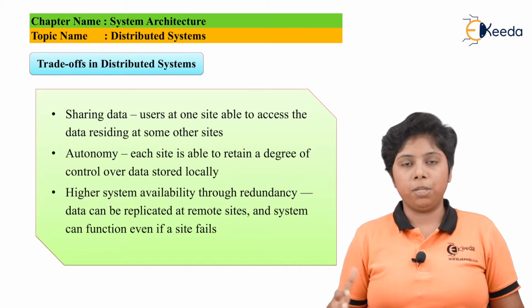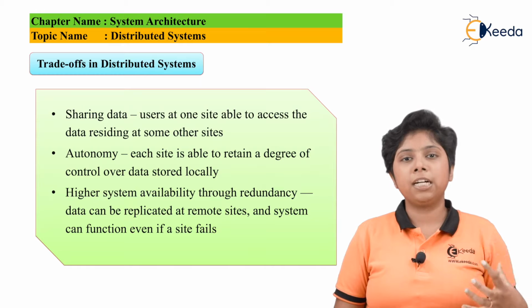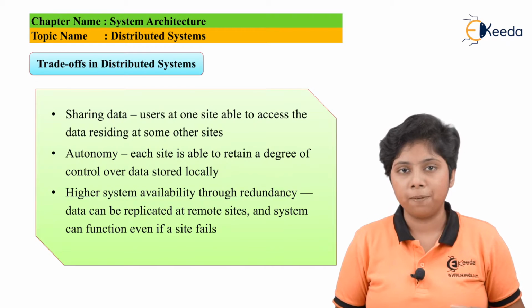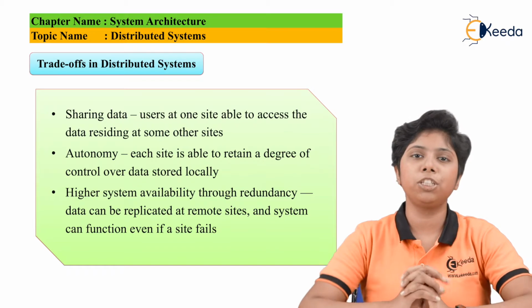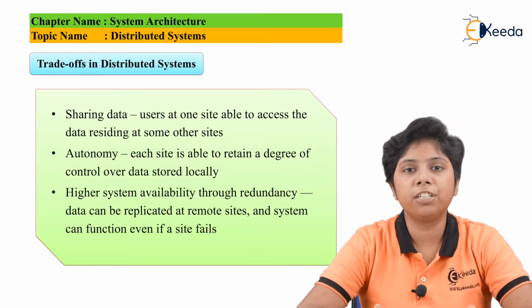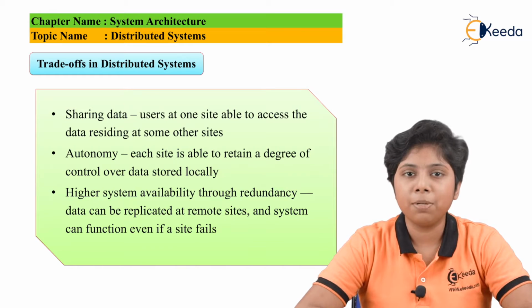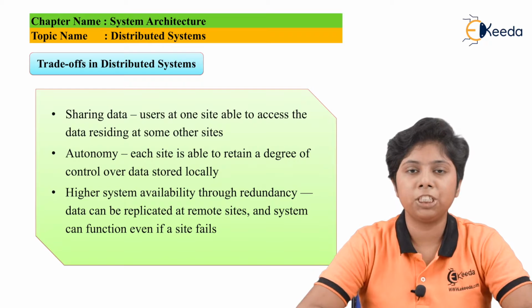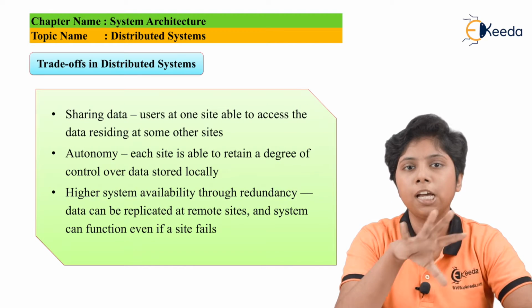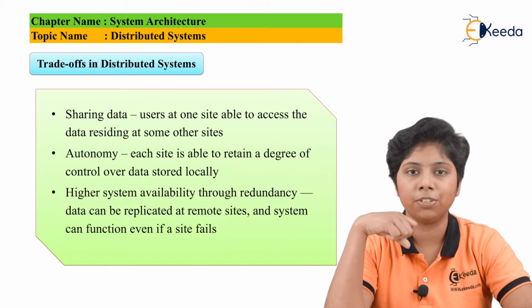Next is the autonomy. The sharing of data comes with another concept that goes with it, autonomy. That means how to control the sharing of data. Suppose a database is shared over the distributed system, and the computer department of one university has 5 seats among all the branches of that university.